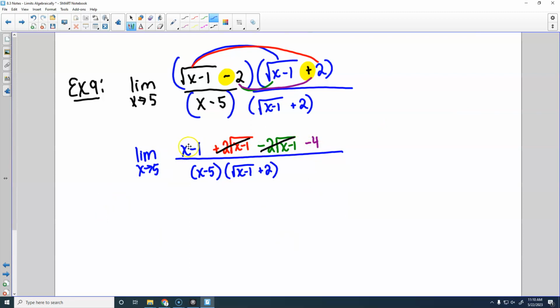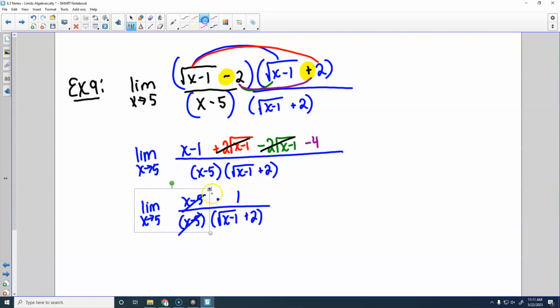Alright, so if I've got x minus 1 minus 4, what does that give me when I put that together? X minus 5. So limit as x approaches 5 of x minus 5 over x minus 5 times square root of x minus 1 plus 2. The x minus 5s will cancel, leaving us just a 1 there in the top.